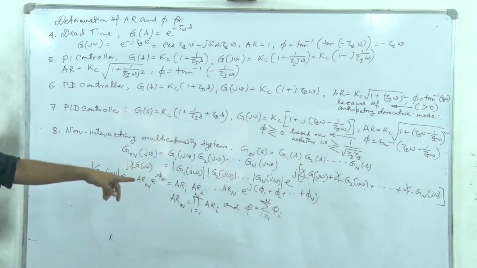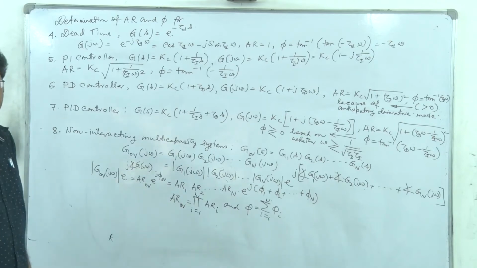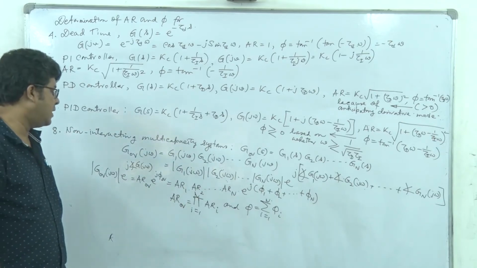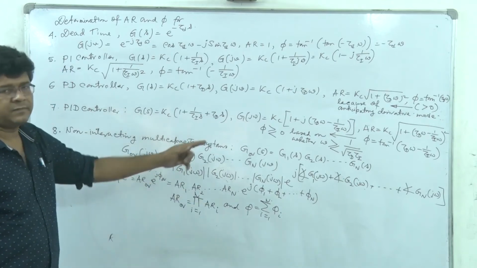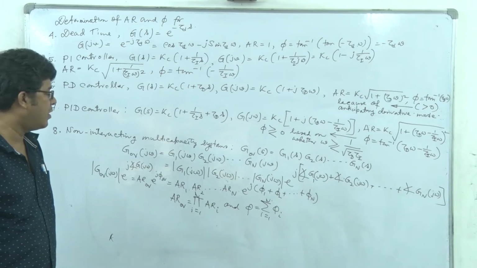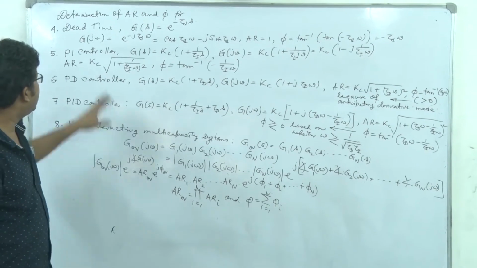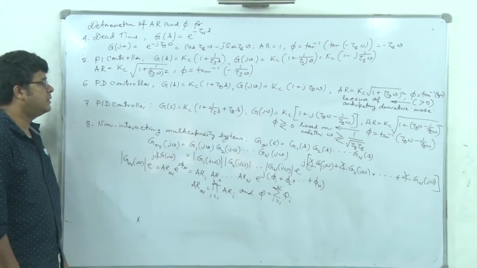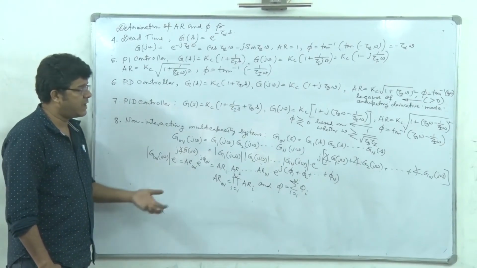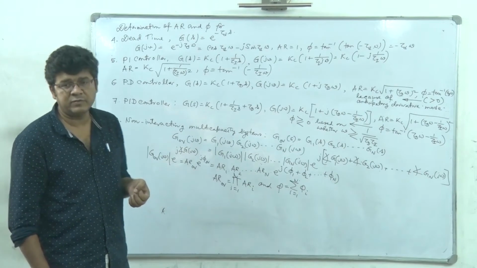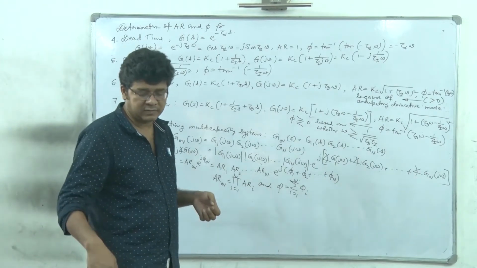Right. So for a multi-capacity non-interacting process, we have AR overall equal to the successive product of ARi and φ equal to the sum of φi. So that's about the general discussion regarding the amplitude ratio and φ for different types of systems.